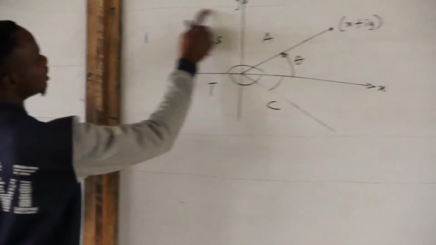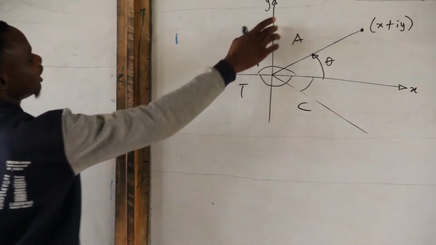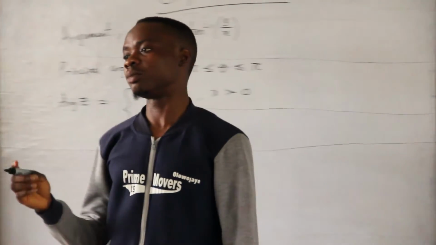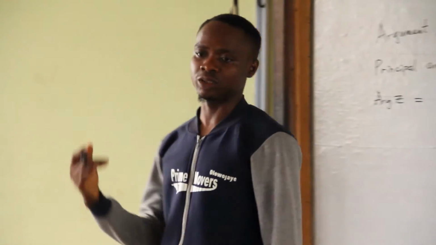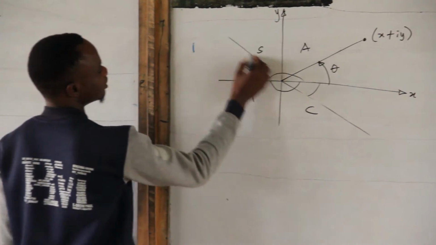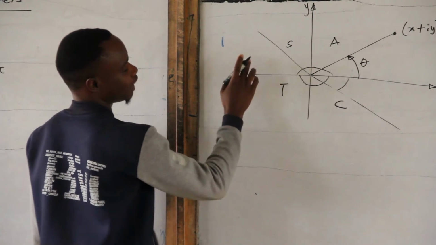Now if you're dealing with this side, at this side you have x negative and y positive. And you actually want a positive angle because you are dealing with the upper half of the plane. So here you want a positive angle, but when you get your y over x, it is going to be negative because y is positive and x is negative.